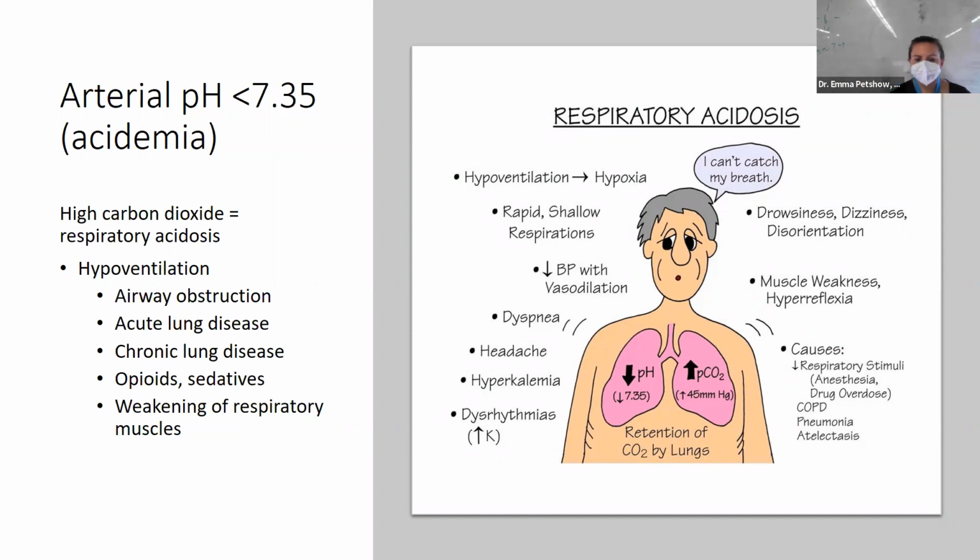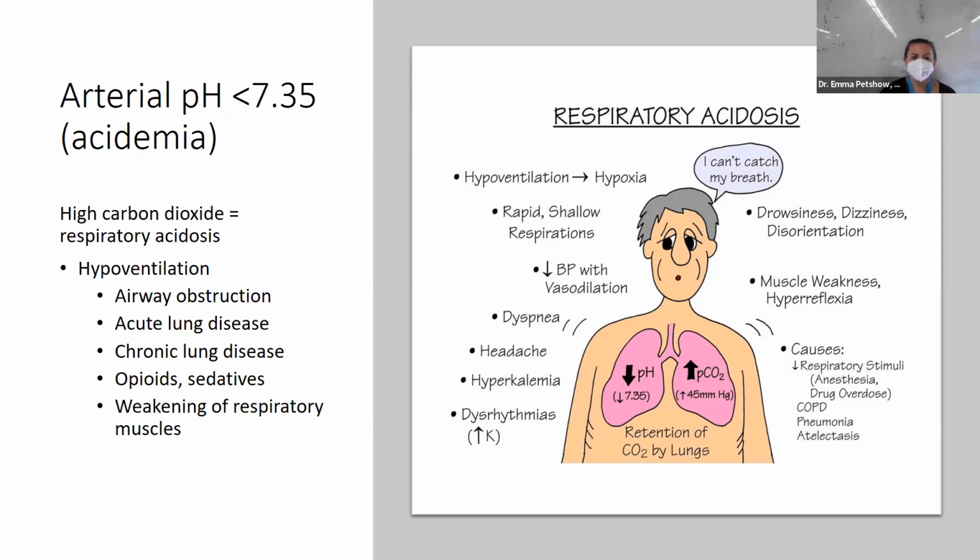Shortness of breath, headaches, hyperkalemia, dysrhythmias because your potassium level is elevated. Symptoms like drowsy, dizzy, disoriented, muscle weakness and hyperreflexia because of lack of oxygenation to tissues. COPD, pneumonia, any respiratory stimuli, these can be common occurrences. I think about it as a retention of carbon dioxide by the lungs.